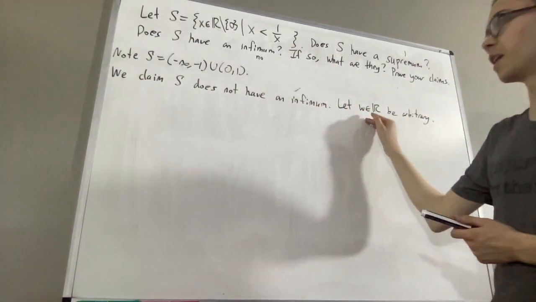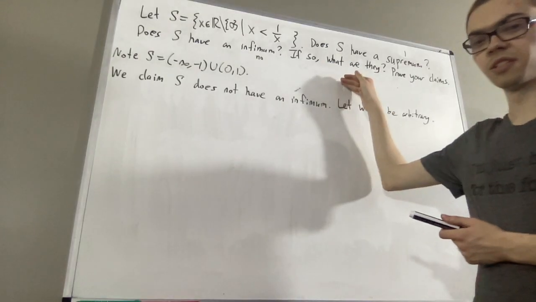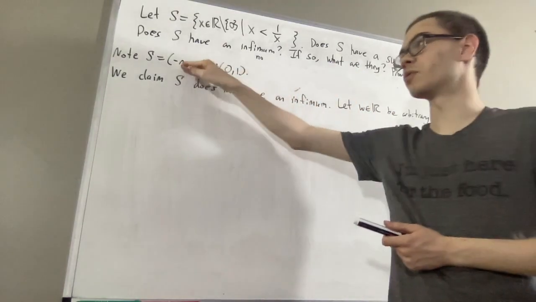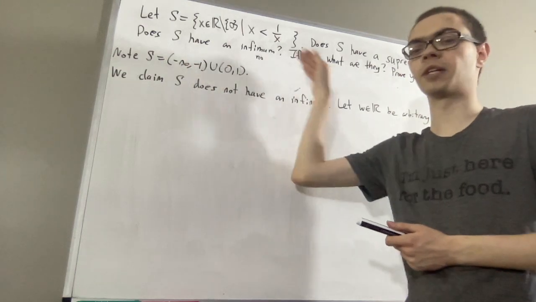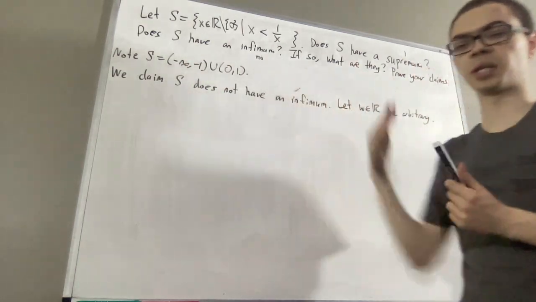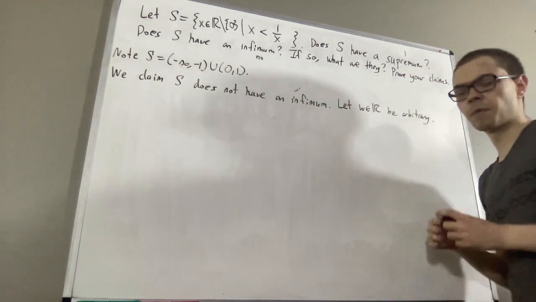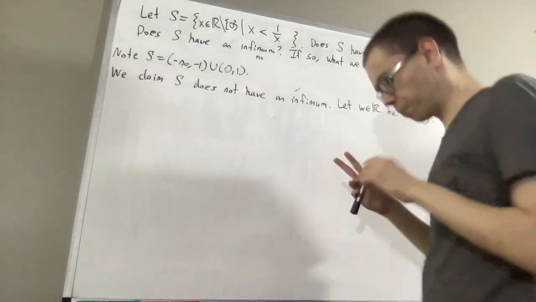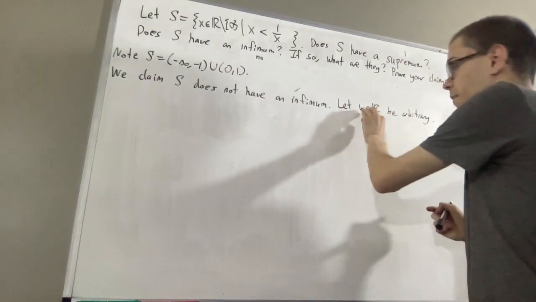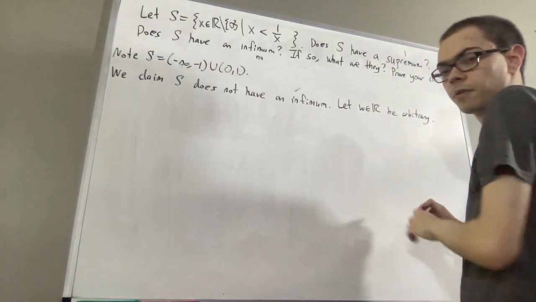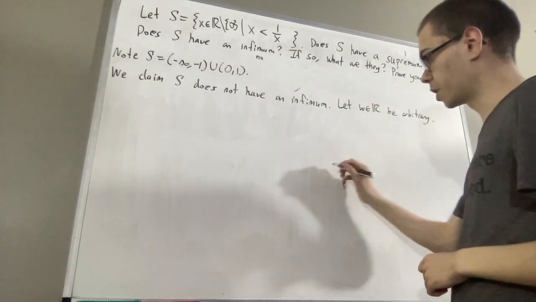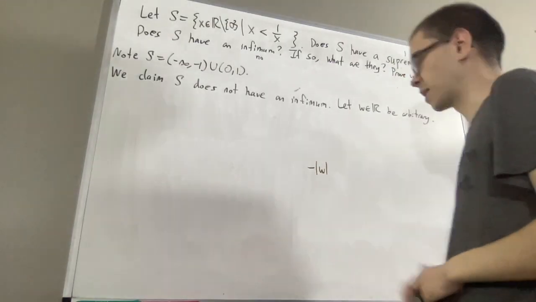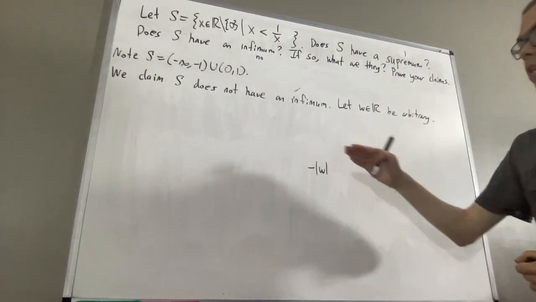But if W is, say, like 100, then W isn't even close to (negative infinity, negative 1). We would need like W minus 200, something like that. But if we recall, from the first two examples that we did in this video, instead of splitting it up into cases, we could take advantage of the absolute value of W. If we consider the negative of the absolute value of W, that's less than or equal to 0.